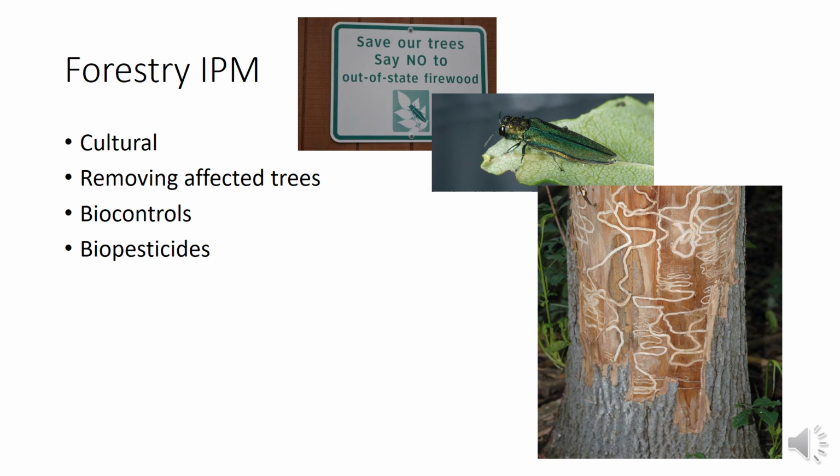So basically it's a parasite that lays its larva inside of the emerald ash borer and kills it. And then any biopesticides. I don't actually know of a biopesticide for an emerald ash borer, but it can be like using a bacteria spray to get rid of some sort of pest.